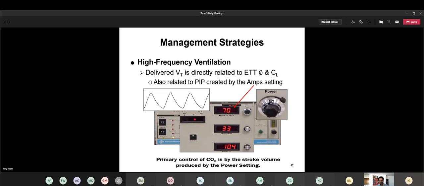Those two things are what's going to dictate how much volume, because again, you're not setting the volume at all with this machine. You're just setting your amplitude. But we could indirectly say that amplitude is kind of like a tidal volume setting. Higher amplitude should mean more volume, and vice versa.